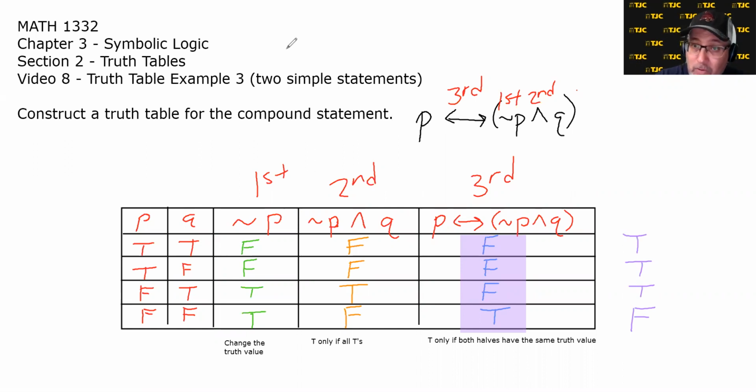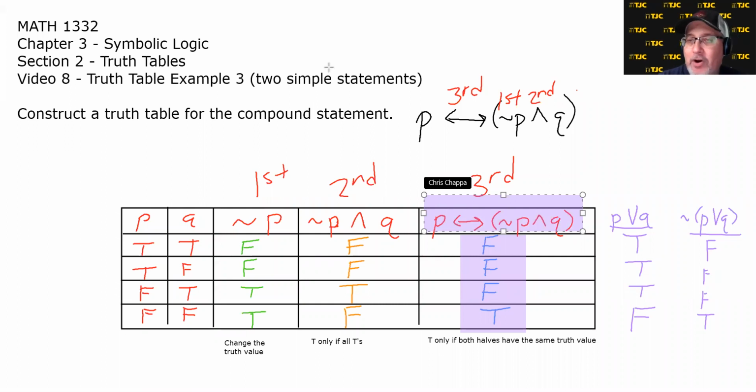That is the truth table for P disjunction Q. So if we took the negation of P disjunction Q, it would match. So this guy is not equivalent to any of our basic truth tables, it's not equivalent to any of our connectives on their own, but it is equivalent to the negation of one of them. Interesting.